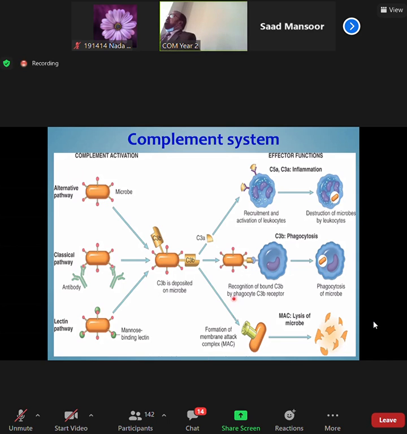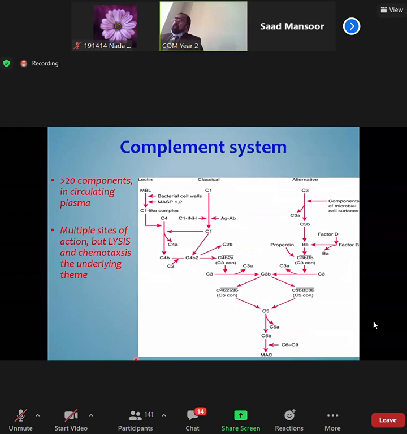So complement 1 to 4 for opsonization, from 5 to... No. Only C3b, not all. If you go back, these 1, 2, 3, 4a, C1 is converted to C2, C3, C4.